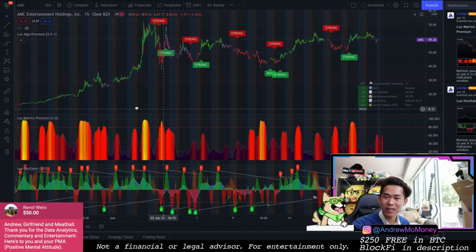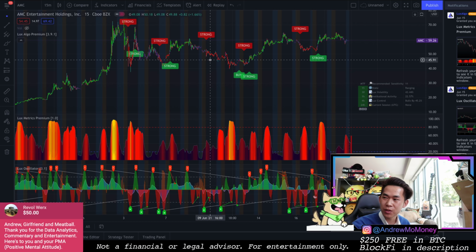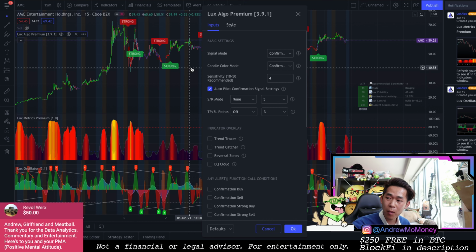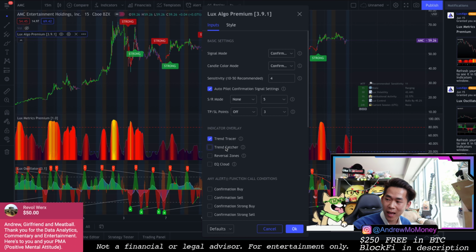You would be likely able to find opportunities to see reversals if you go ahead and turn on other parts of these trackers here. So you can have trend tracing and catching abilities to see whether or not certain trends are bullish in green or whether they're going to break down soon in red.